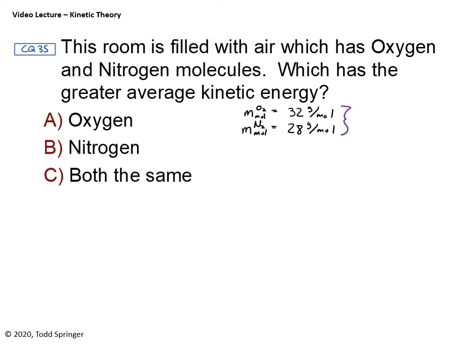Both are bouncing around, and I want to know which of them has the bigger average kinetic energy: oxygen, nitrogen, or is it both the same? Try and reason it out for yourself. I won't tell the answer here, but make sure you can answer this and understand it before finishing.